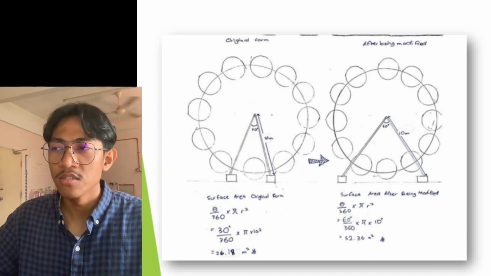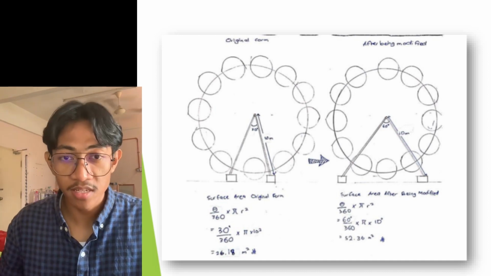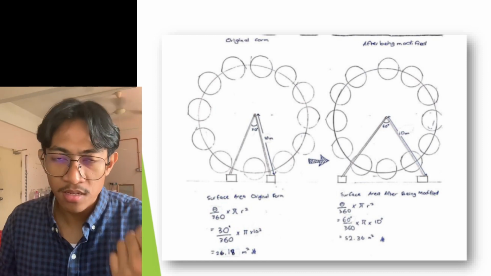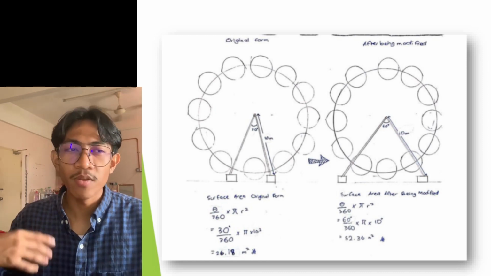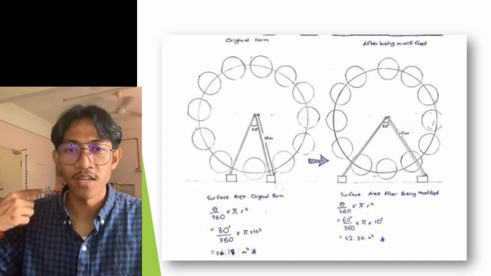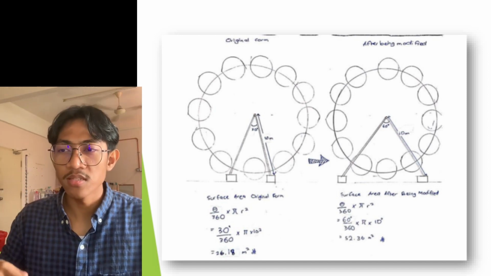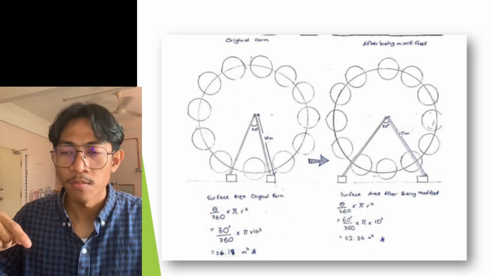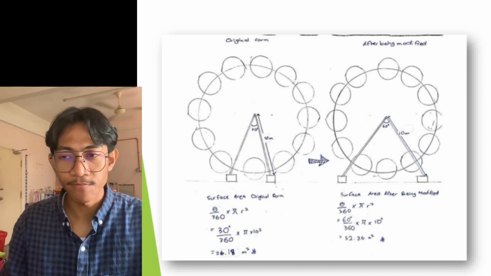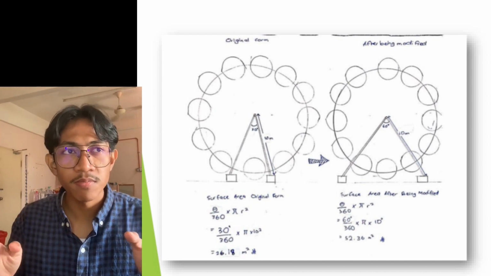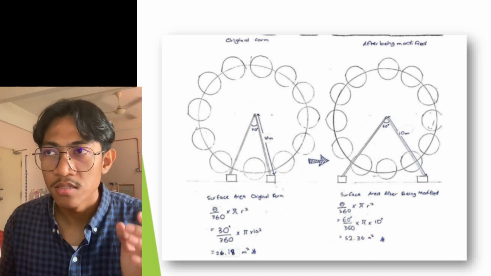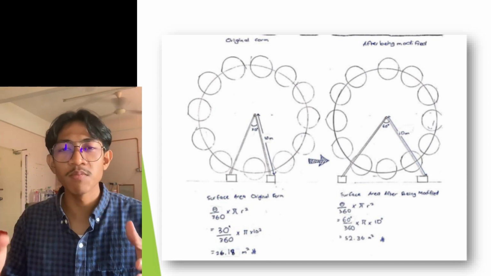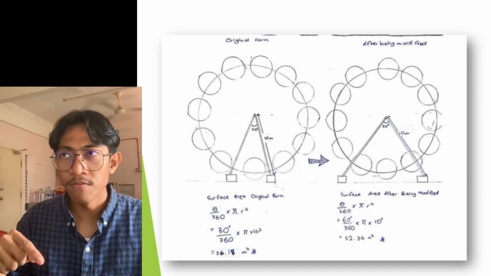When we calculate using the surface area formula, theta divided by 360 multiplied by pi multiplied by radius squared, the result is 26.18 square meters, which is so small or so unstable for the Ferris wheel to work.